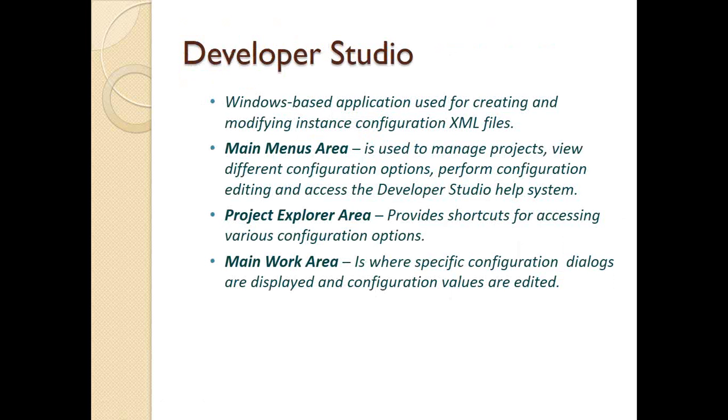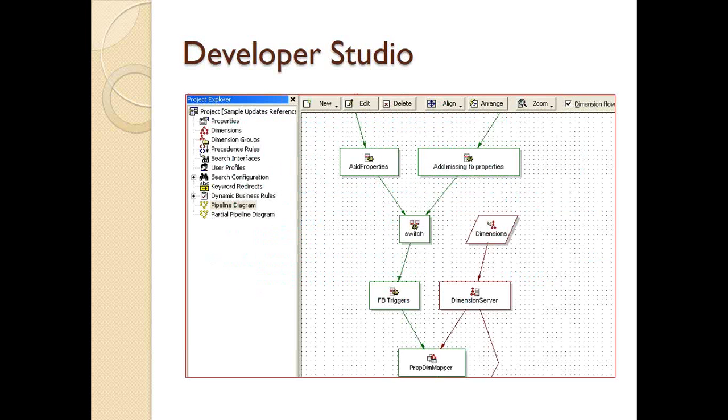Next we have the Developer Studio. Developer Studio is a Windows based application used for creating and modifying instance configuration XML files. You have the main menu area, project explorer area, and main work area. This is exactly what your Developer Studio looks like.